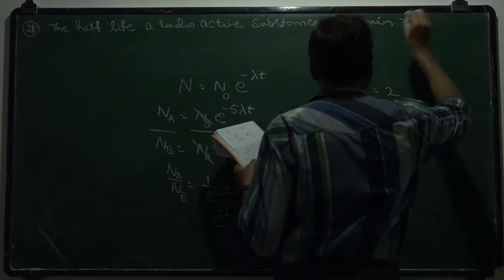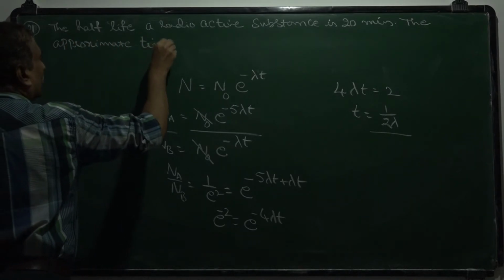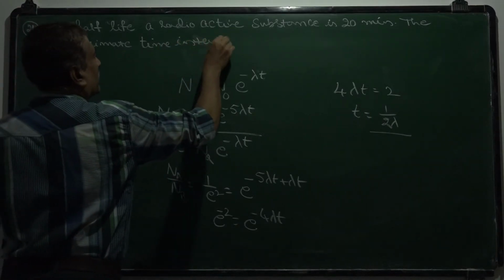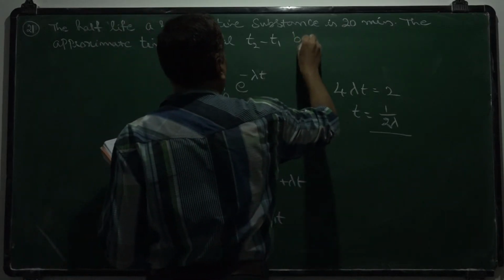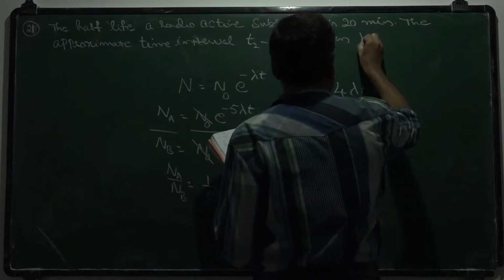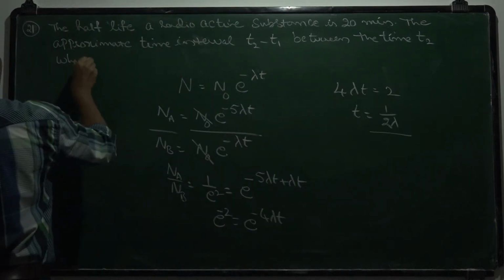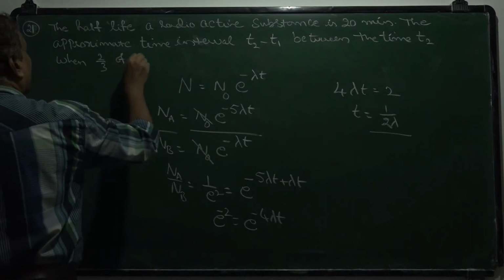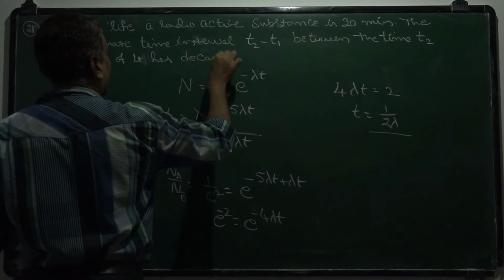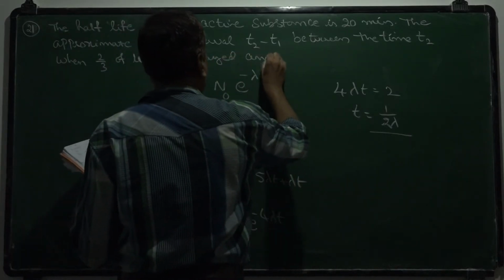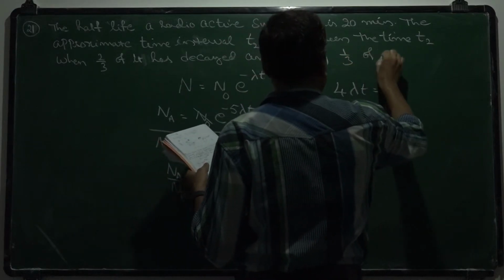The approximate time interval T2 minus T1 between the time T2 when 2 by 3 of it has decayed and time T1 when 1/3 of it had decayed.